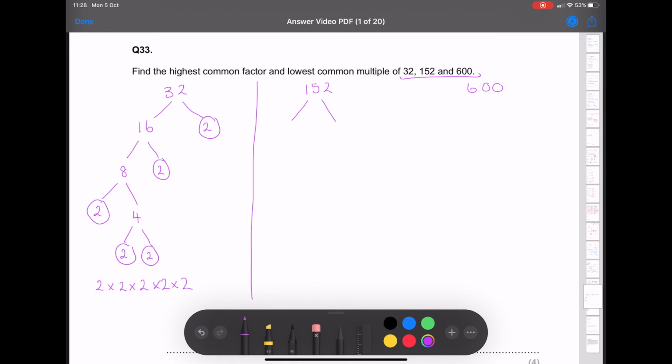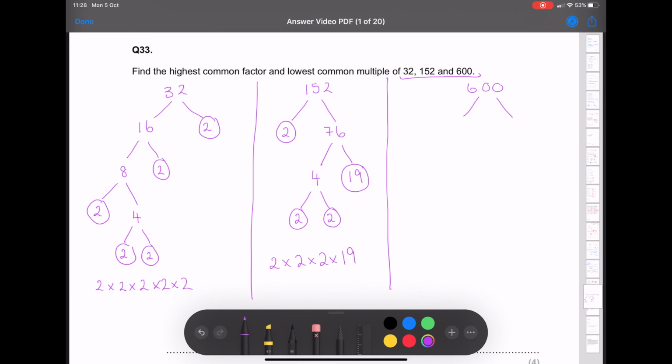For 152, I'm going to split that. Divide that by 2 gives me 76. Divide that by 4 gives me 19. 19 is a prime. 4 divided by 2 is 2. So 2 times 2 times 2 times 19.